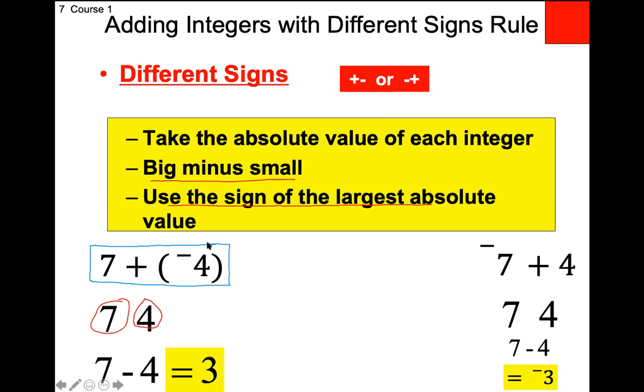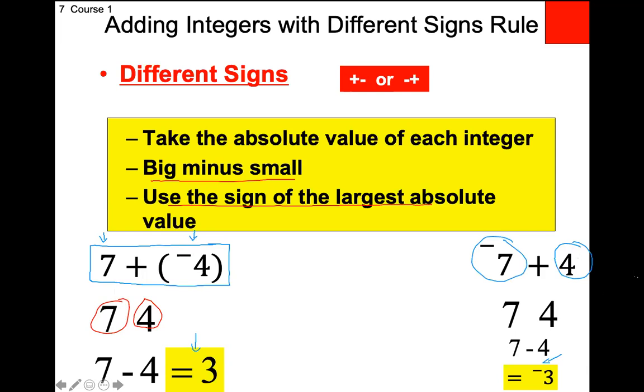If these were coins, would we have more positive coins or would we have more negative coins? Positive. Right, you'd have 7 positive coins and 4 negative, and that's why this answer is positive, but this answer is negative because we had 7 negative coins and 4 positive coins for my second example.